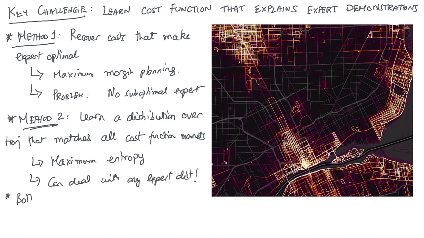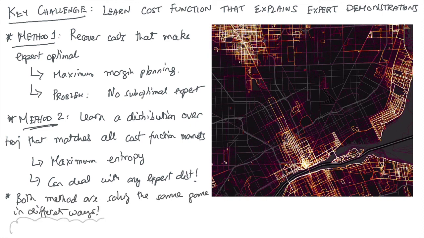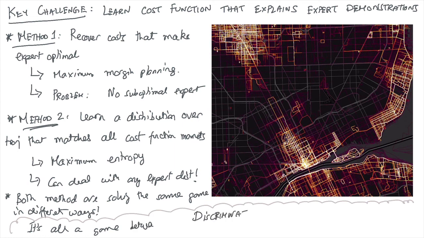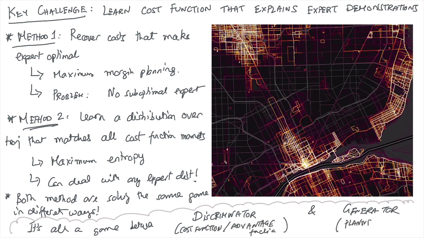Finally, we saw that both methods are in fact solving the same underlying game but in different ways. I'll leave you with this thought that the running theme of this lecture is that imitation learning is all just a game between a discriminator and a generator, where the discriminator is either the cost function or the advantage function, and the generator is either the planner or the policy.